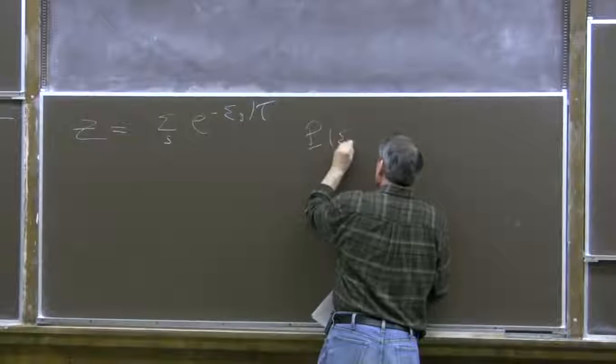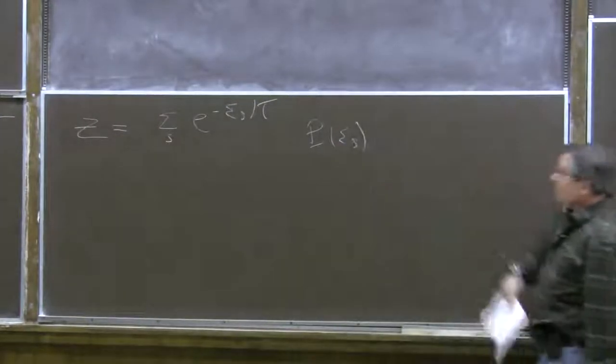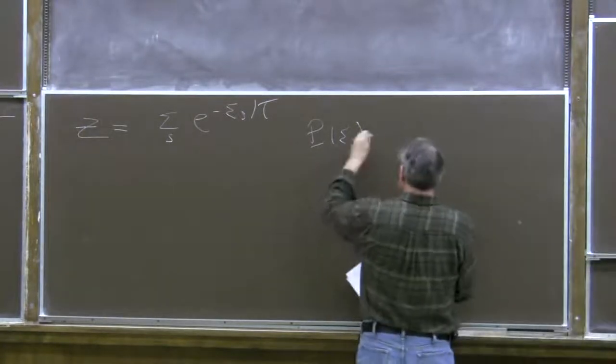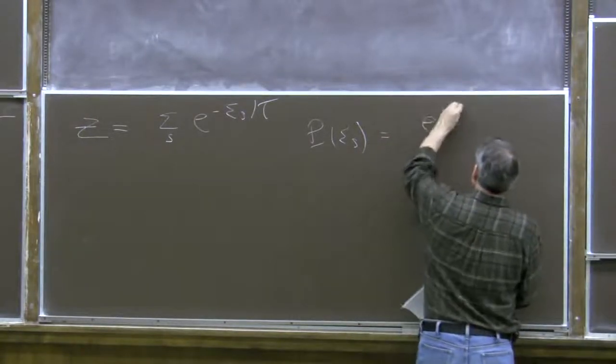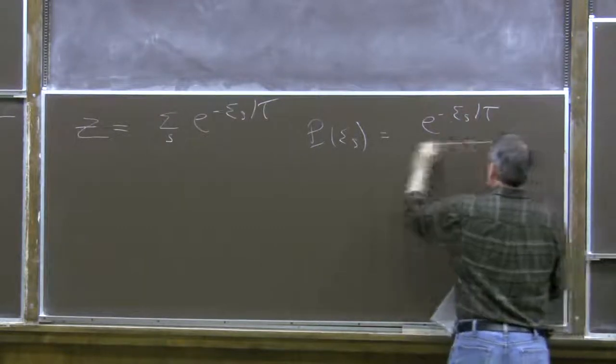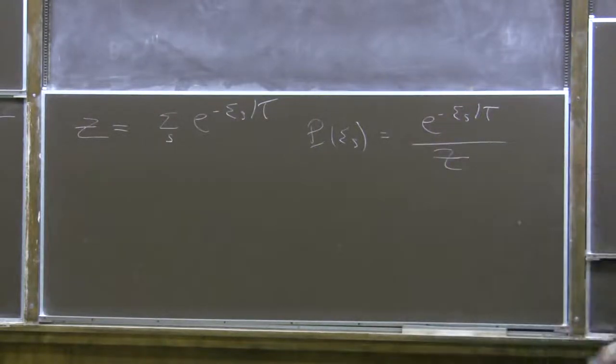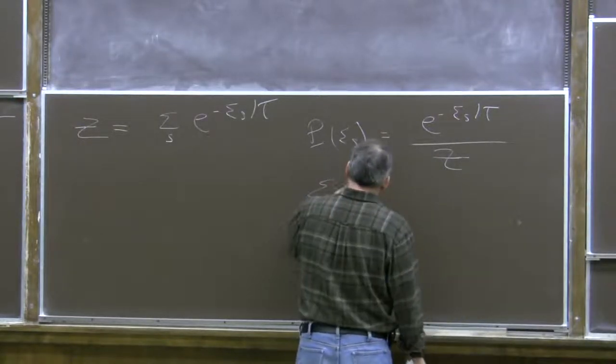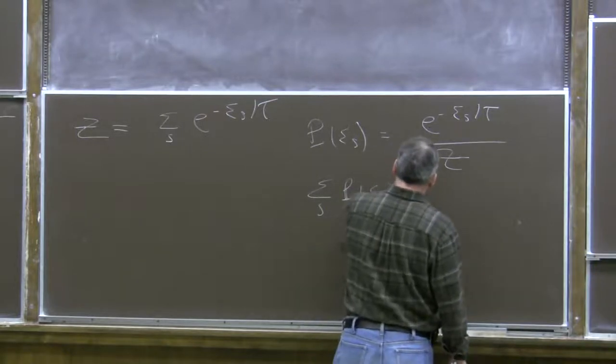The normalized probability for a system in contact with the reservoir to be in a system state with energy E sub s is the Boltzmann factor. Dividing by the partition function makes it normalized, so that when we sum over states, the probabilities sum to 1.